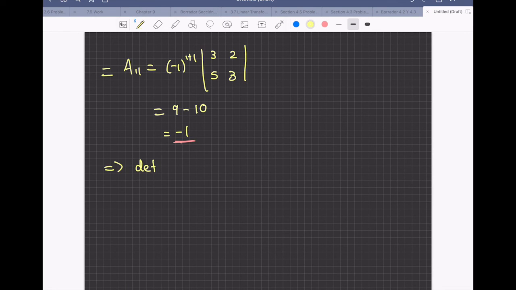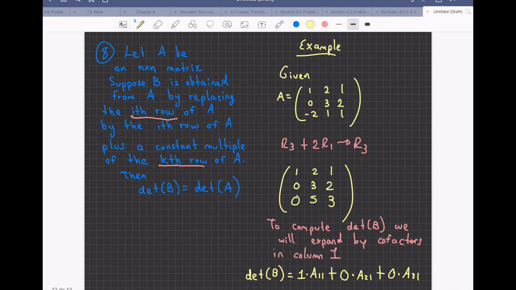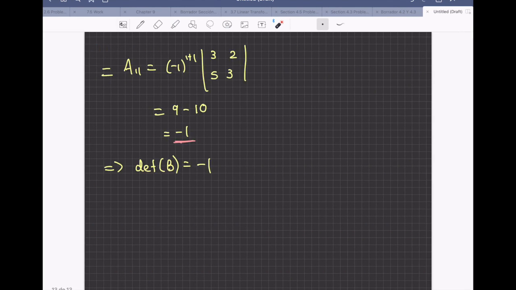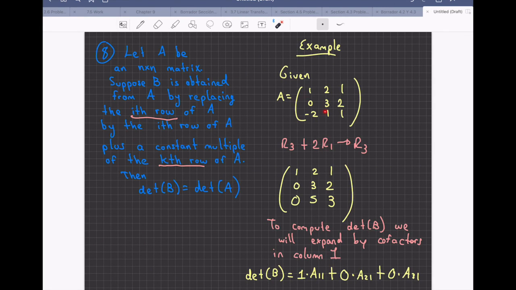So the determinant of B is supposed to be negative 1. And according to the property number 8, this operation we did doesn't change the determinant of A. So the determinant of B should be the same as the determinant of A.